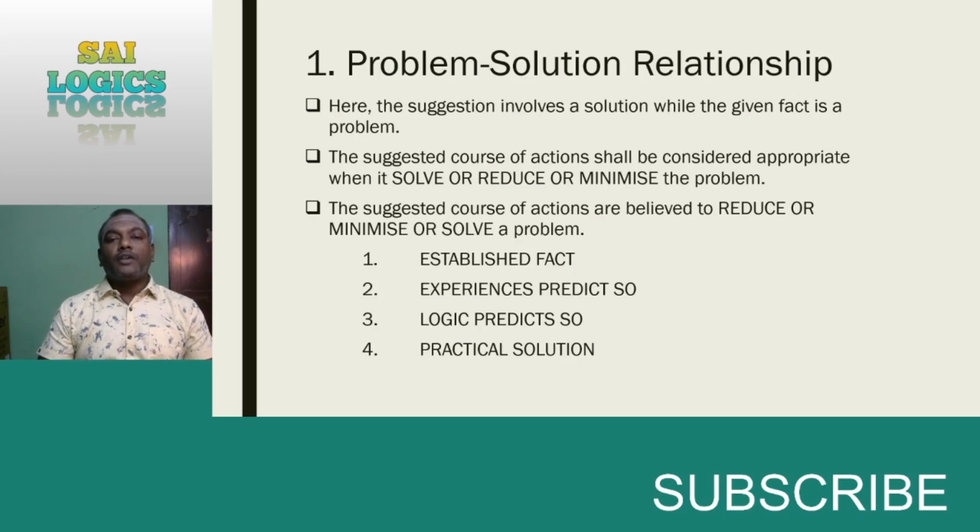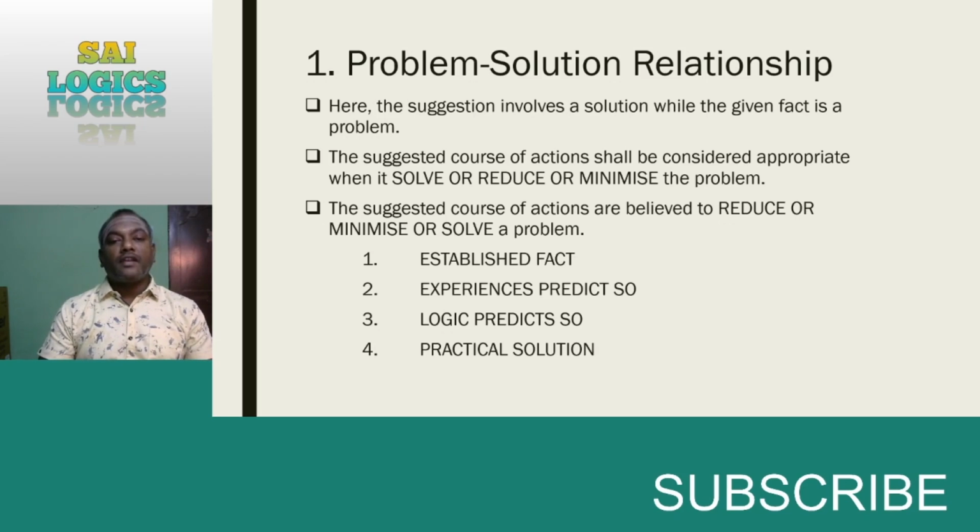What is a problem-solution relationship? Here the suggestion involves a solution where the given fact is a problem. So when a problem is given in the form of a statement, we need to give a solution by way of courses of action.